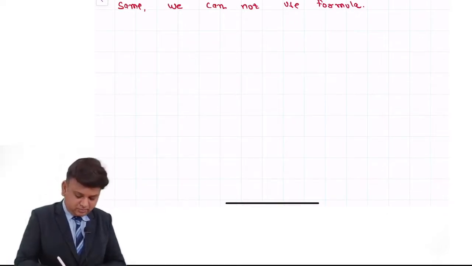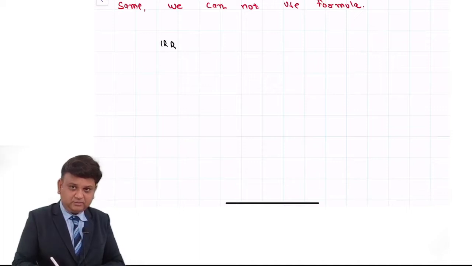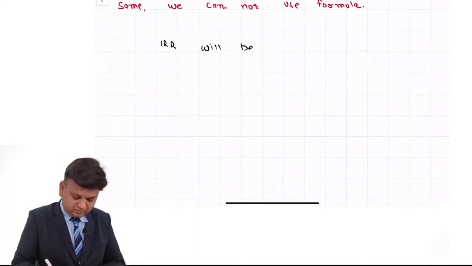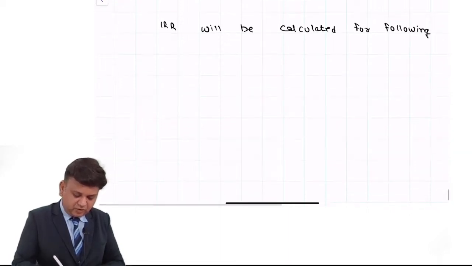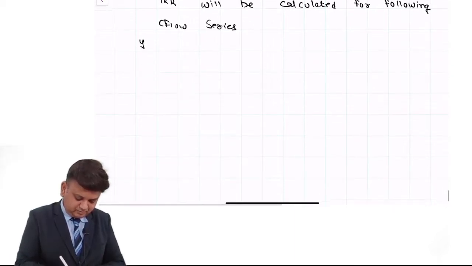So IRR will be calculated for following cash flow series. Year 0, year 1, year 2, year 3.